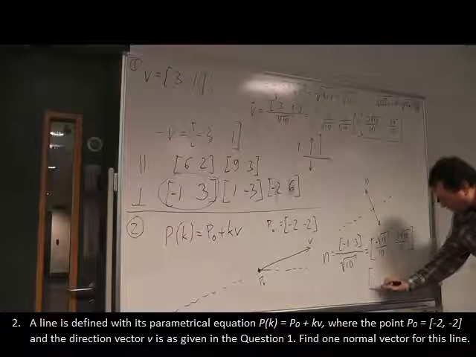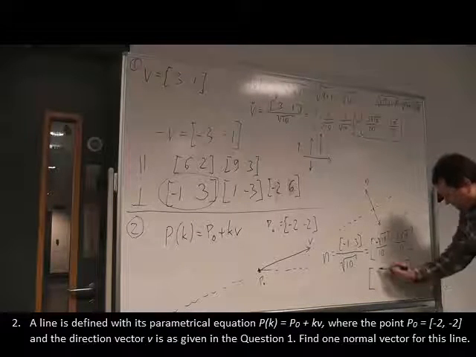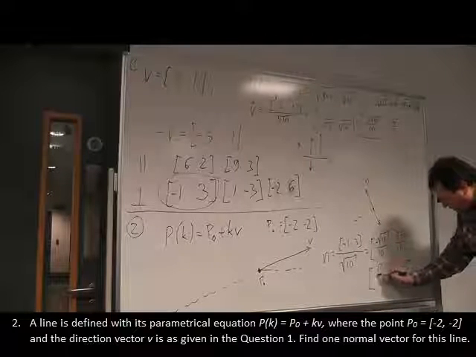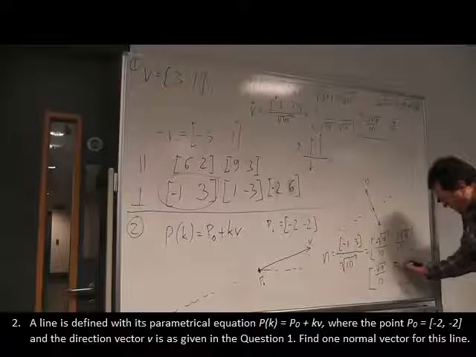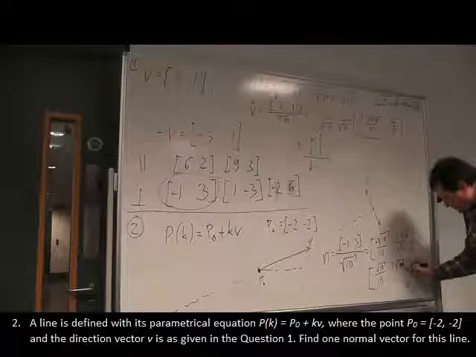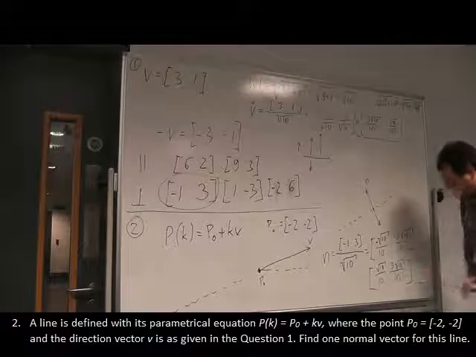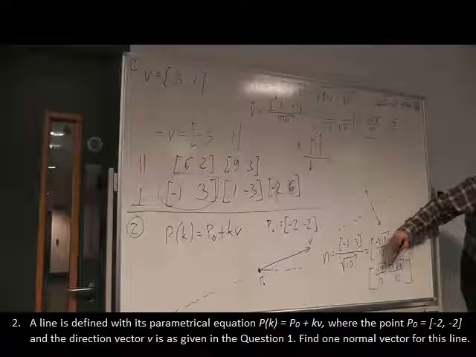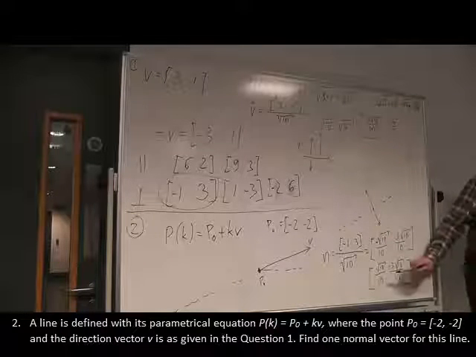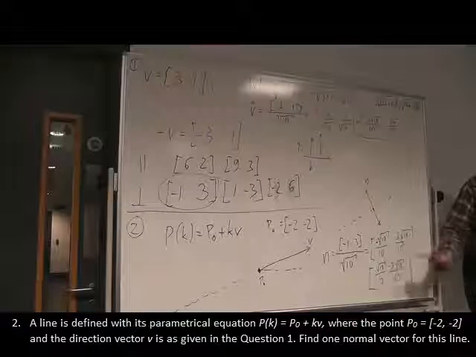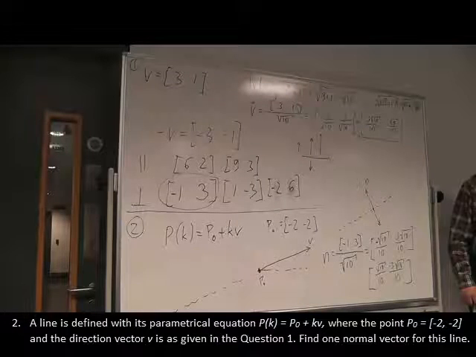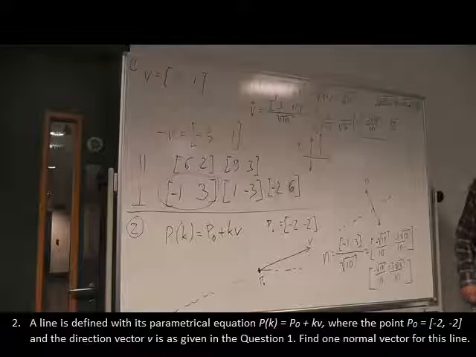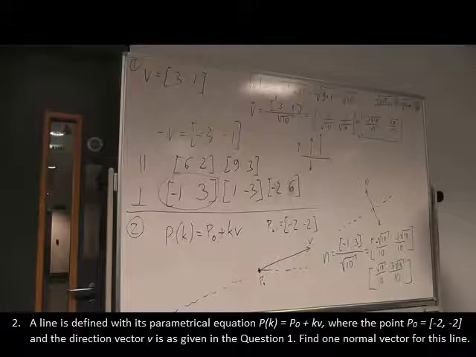The coordinates of this other one will be exactly the same, but the minus sign will jump here. So it's the inverse of the normal vector number 1. That's the end of question number 2.